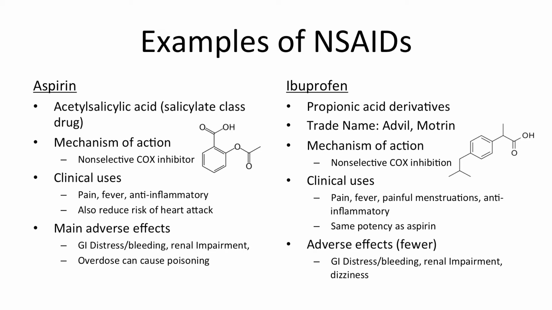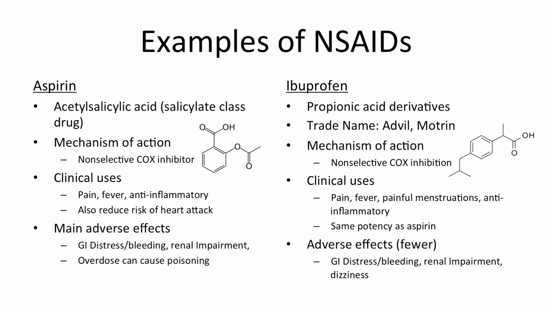It has anti-inflammatory effects, and it also helps to reduce the risk of heart attack. The major adverse effects include GI discomfort, GI bleeding, and renal impairment. However, overdose can cause poisoning.